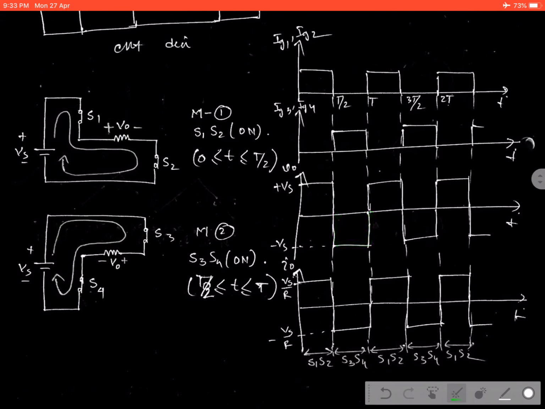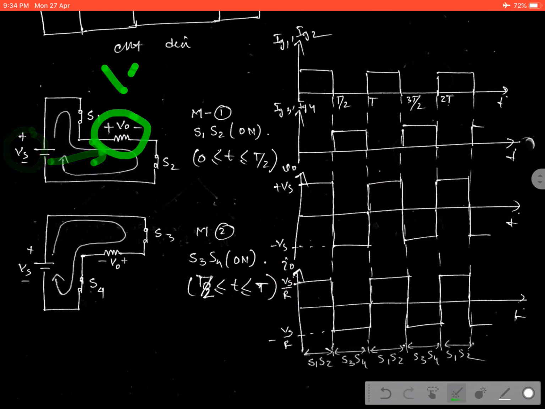As we are using a resistive load, the voltage and current will both be in the same phase. That is why the output current will follow the output voltage, right? And the magnitude of the current should be equal to Vs by R, as Vs is the input voltage which is reflected on the load.